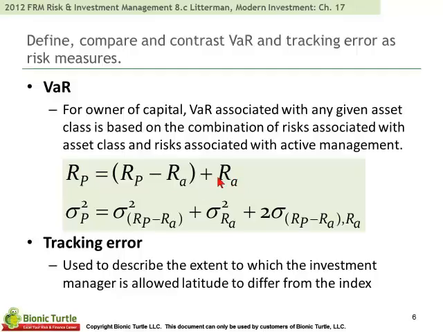Then we can take the variance of that addition in our usual fashion, right? The variance of this component plus the variance of this component plus 2 times the covariance. And if you're wondering why the weights aren't in there, that's because it's a 1-to-1, so they're essentially ones.